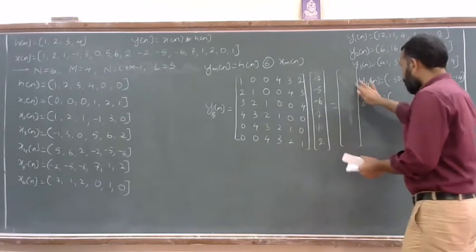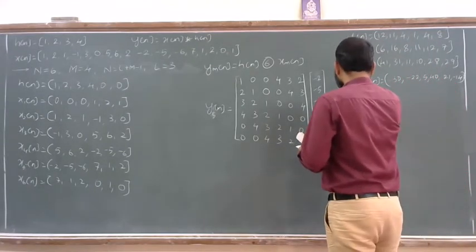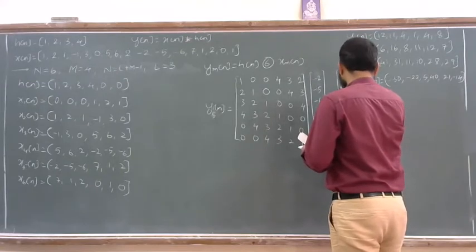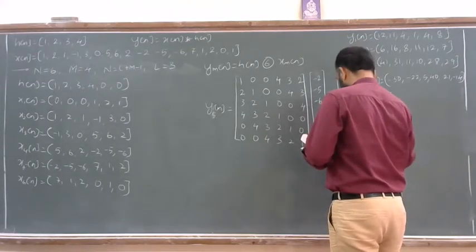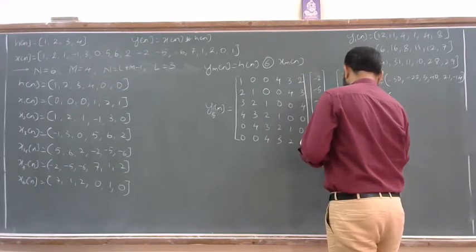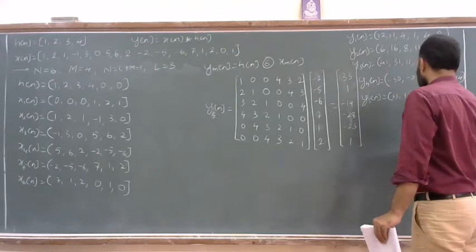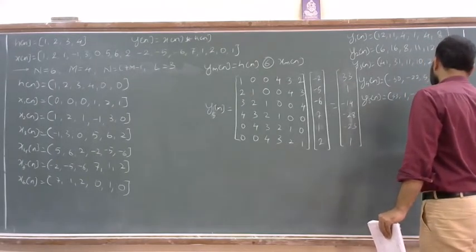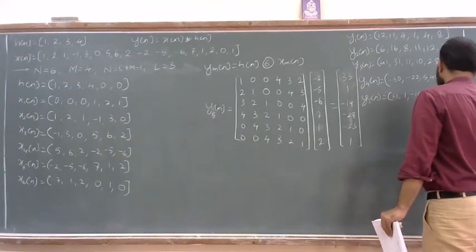And the result for this will be 33, 1, minus 14, minus 28, minus 23 and 1.